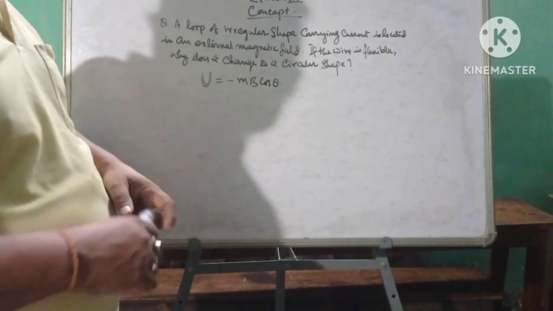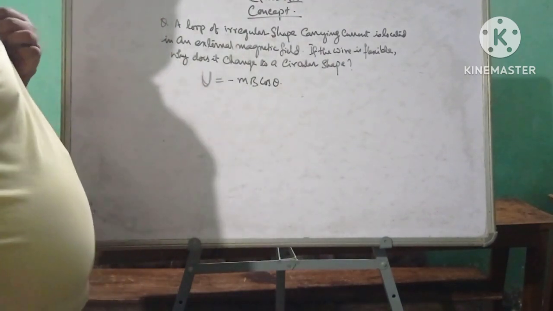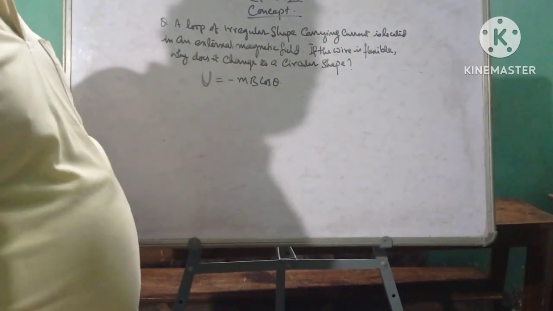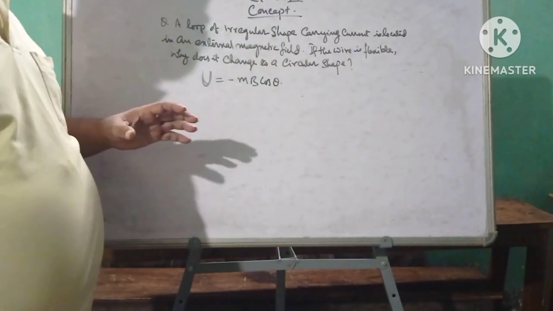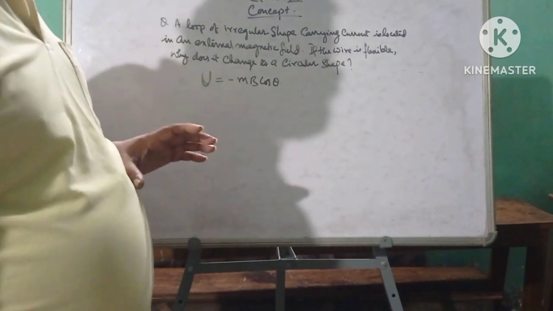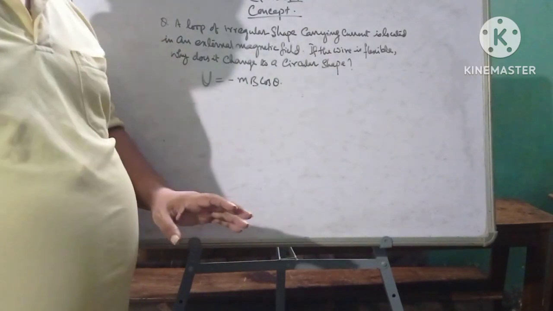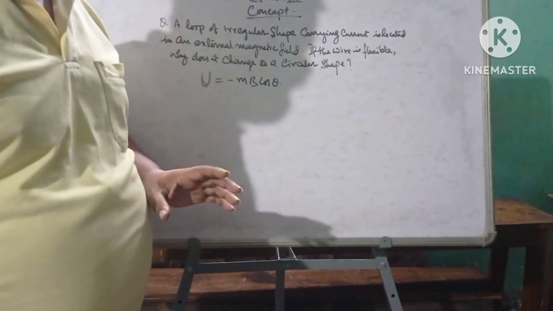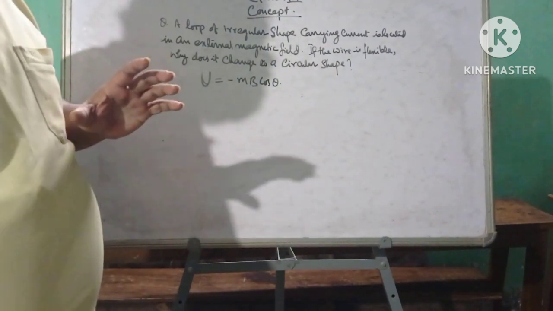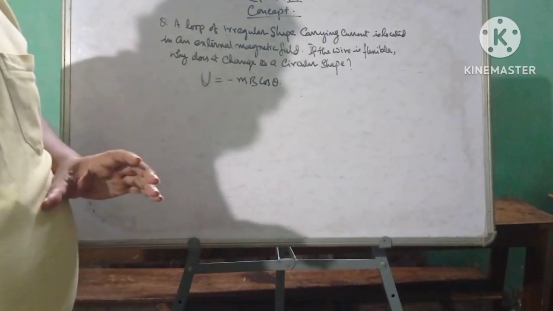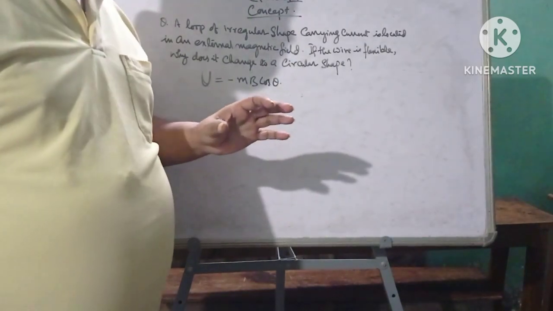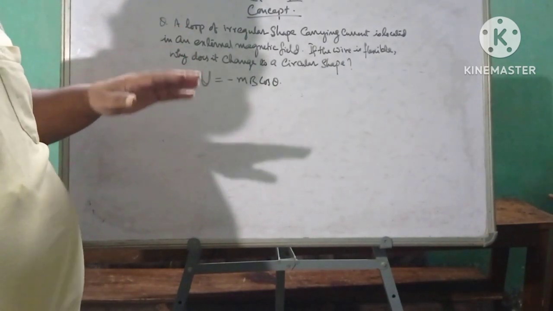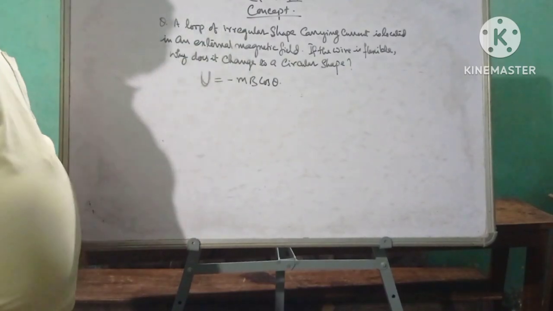I want to remind you of one thing that you have read in electric field: when an electric dipole is placed in an external electric field, the net force is zero, and the electric field tries to align the electric dipole either parallel or anti-parallel to the electric field.